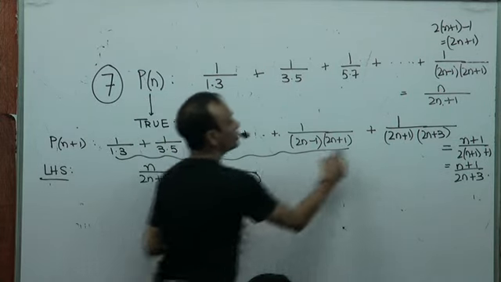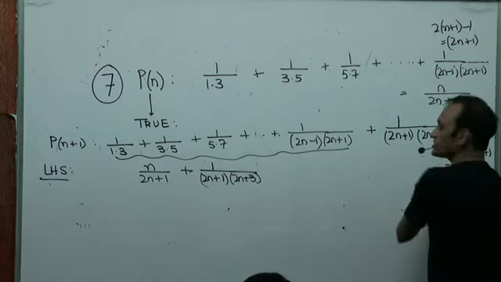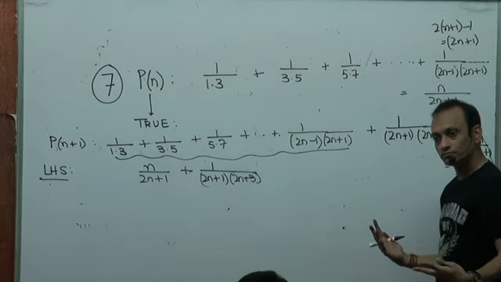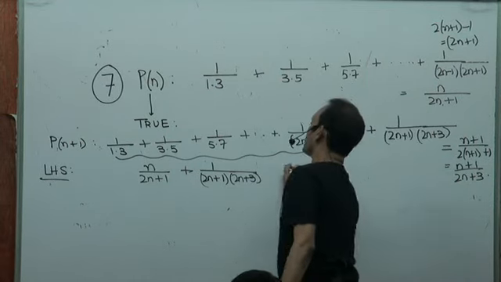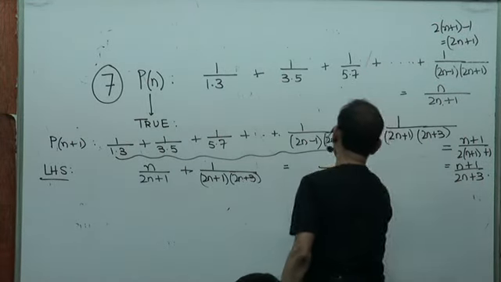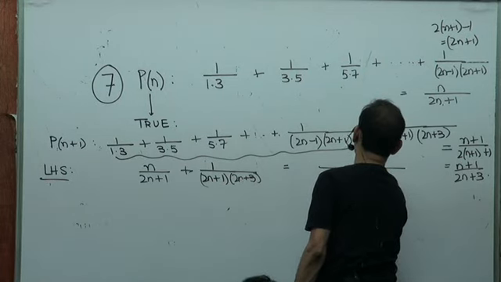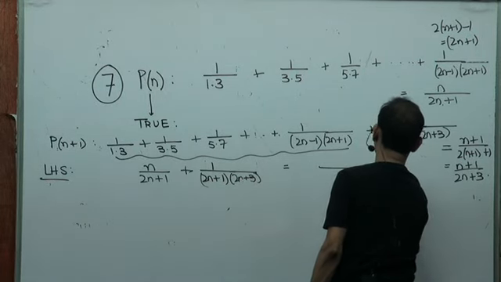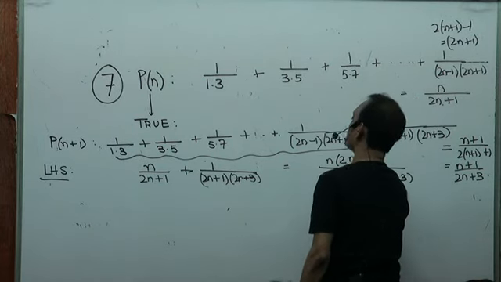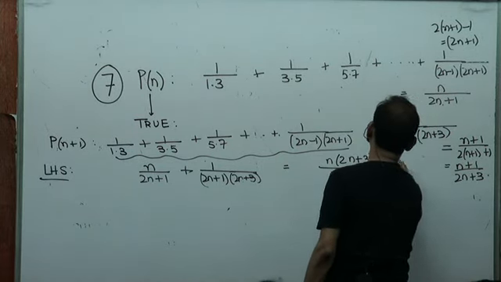If I can show that this is equal to n plus 1 by 2n plus 3, then the result for n plus 1 will be true, right? Now, I take the LCM. LCM is 2n plus 1 into 2n plus 3. So this is n into 2n plus 3 plus 1, yes or no?